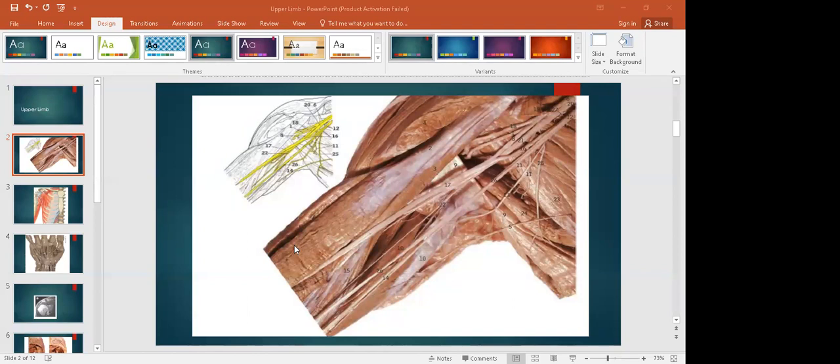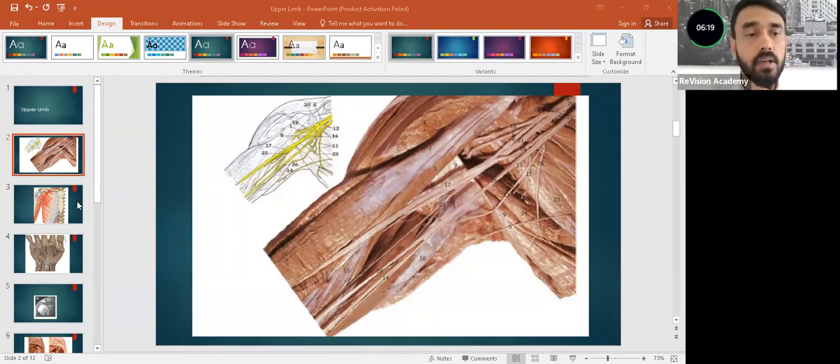The muscles involved in the paralysis are the supraspinatus, deltoid, infraspinatus, teres minor, biceps brachii, brachialis and brachioradialis. And there is sensory loss on the radial side of the arm and forearm. Okay, thank you so much.